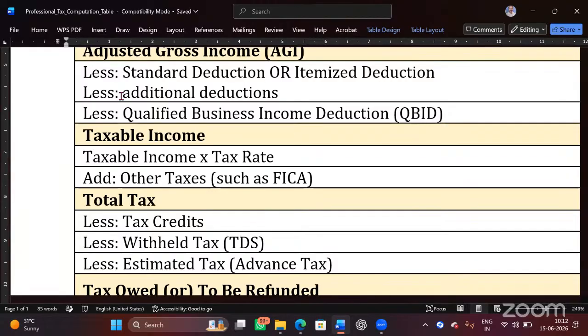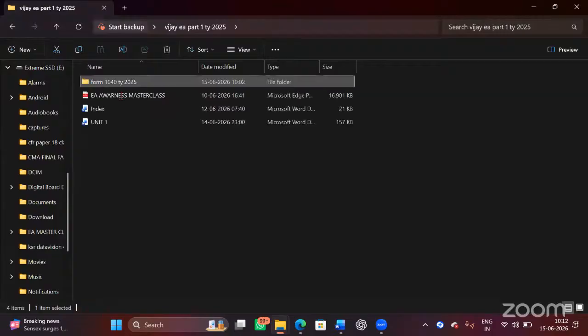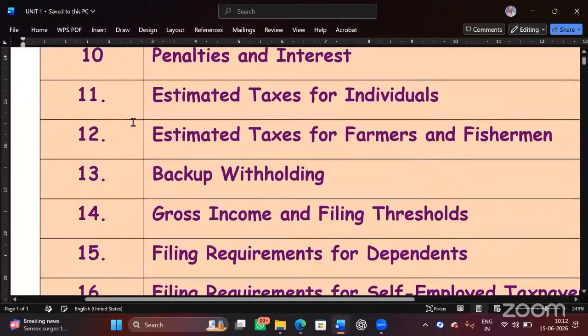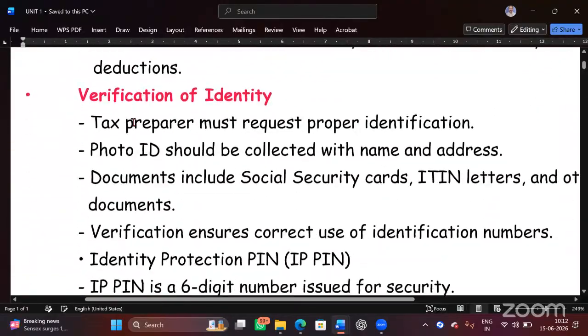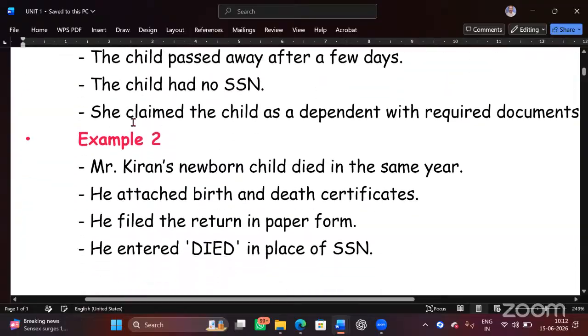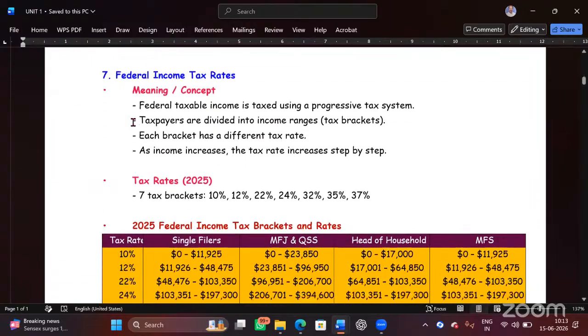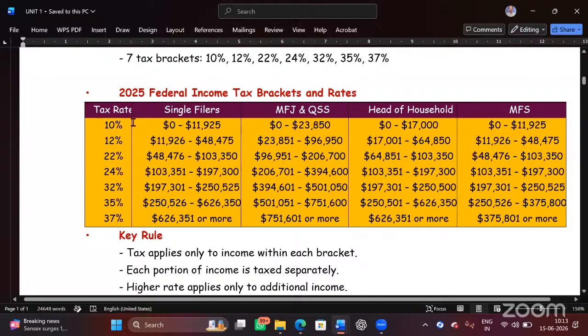These rates are changed every year. These are the tax rates applicable to individuals.